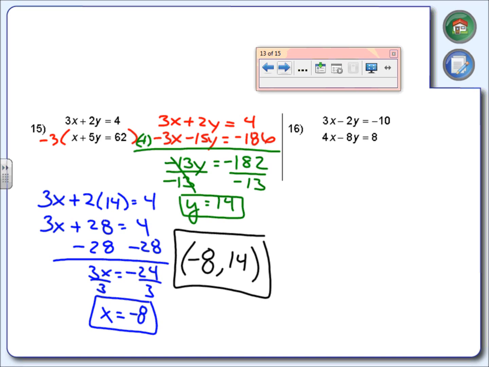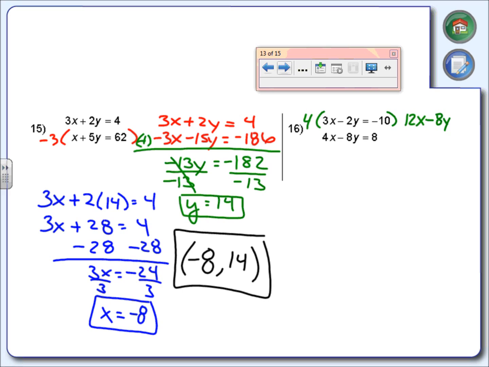There you go. We're going to take this top equation and multiply it by 4. Top equation multiplied by 4. So 4 times 3x is going to give me 12x. 4 times a negative 2y is a negative 8y. What's that?